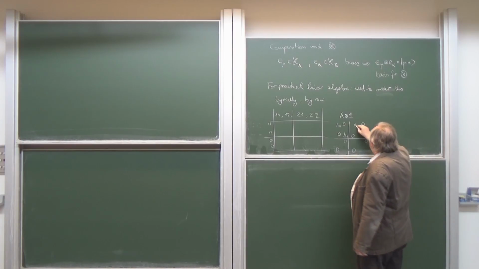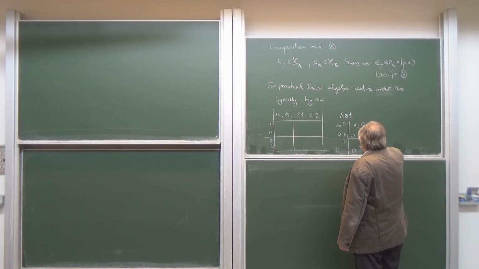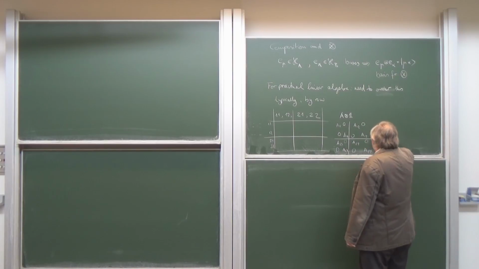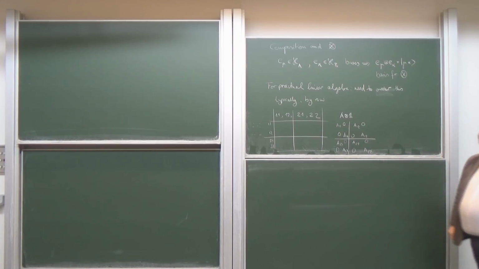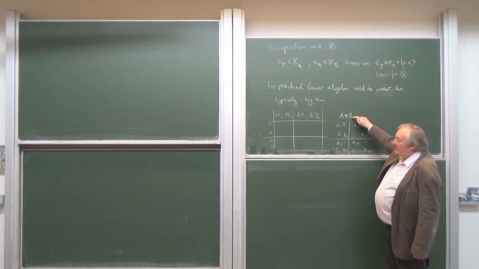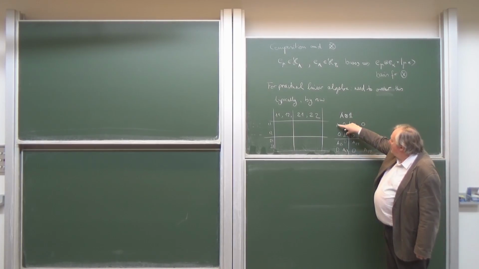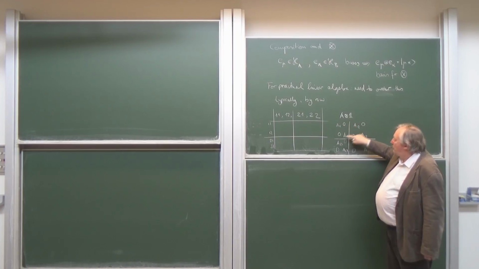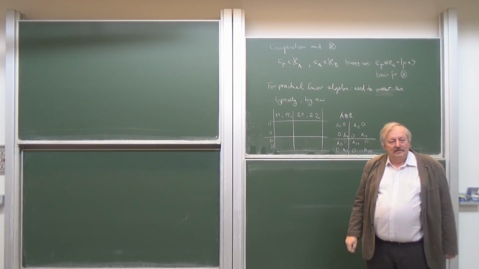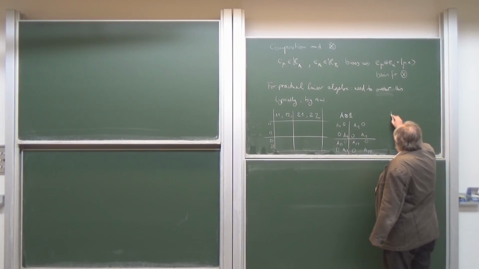And here you have your A12, A12, A21, A21, A22, A22. So this is what a tensor product with the identity would look like. And the fact that you have an identity in the second part means that each of these blocks is proportional to the identity.